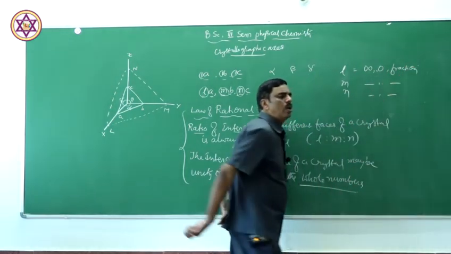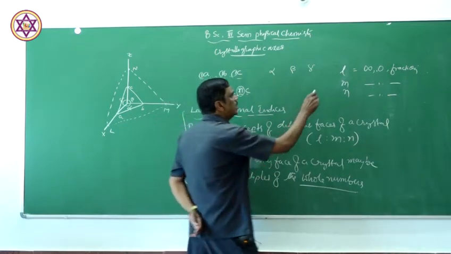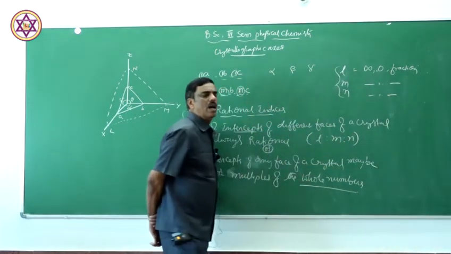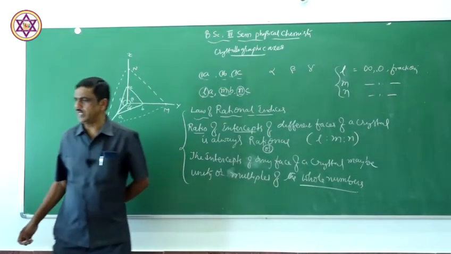So, therefore, these intercepts L, M, N are called Weiss indices.